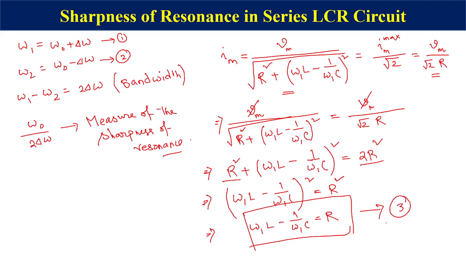Alright. Now, what I am going to do, I am going to put in place of omega 1, in equation number 1, omega 1 to be equal to omega naught plus delta omega.